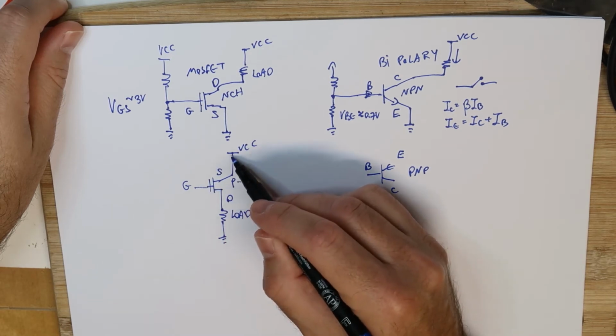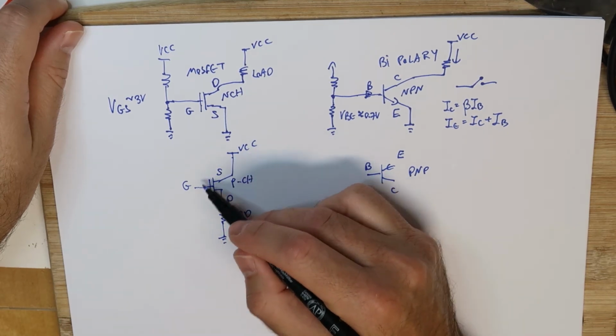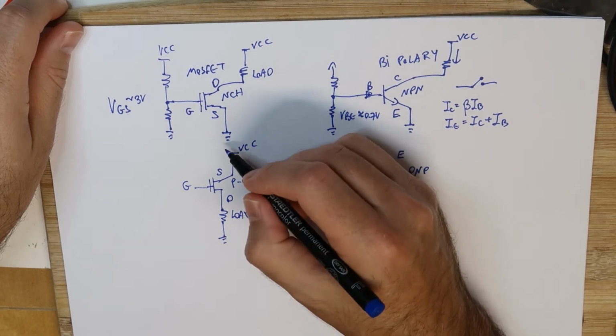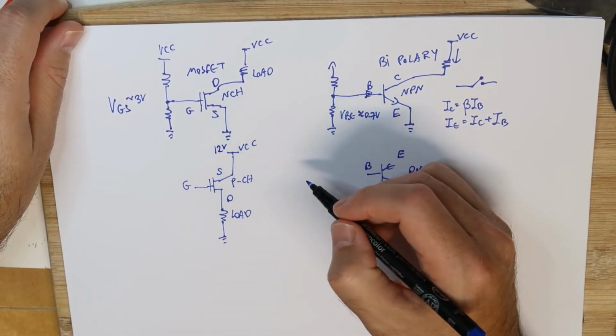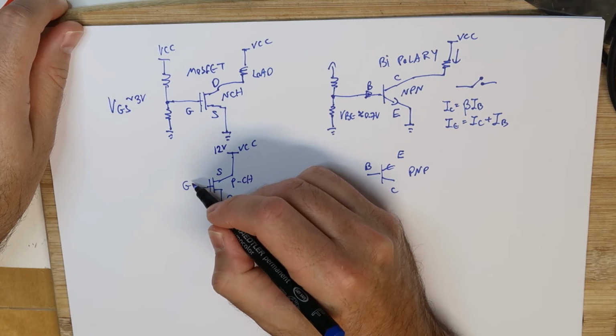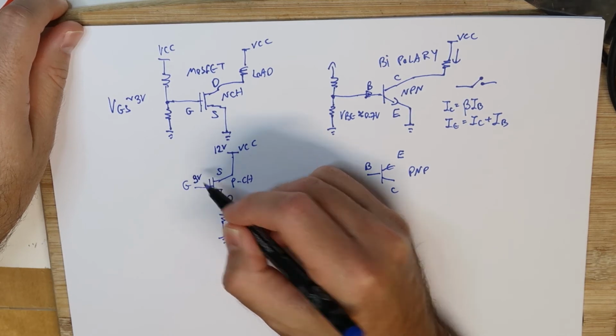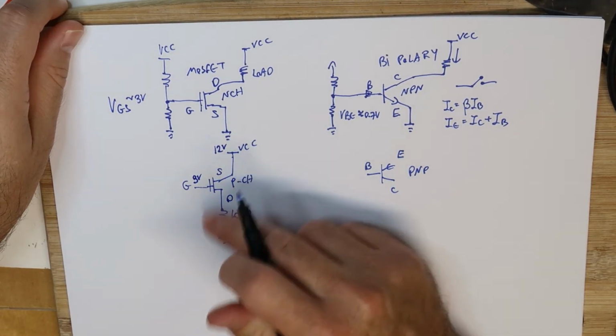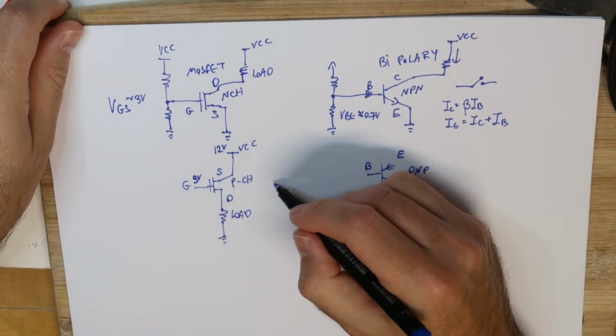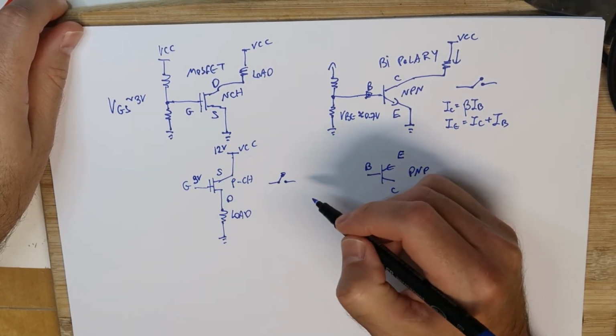So VGS is now, with respect to the VCC, negative, because if we have, for example, 12 volts here, we have to apply 9 volts to the gate in order to make it work and conduct and be exactly like a switch.